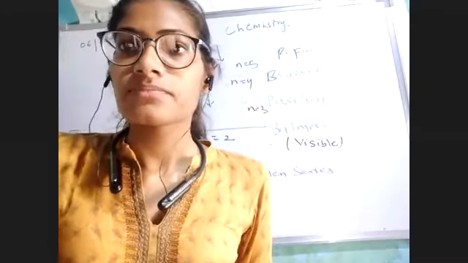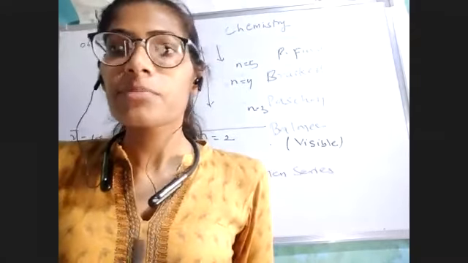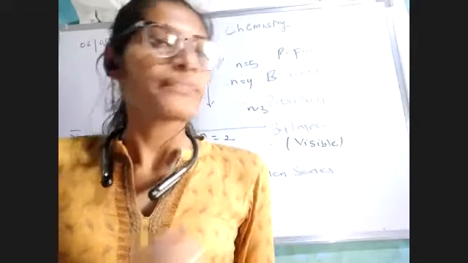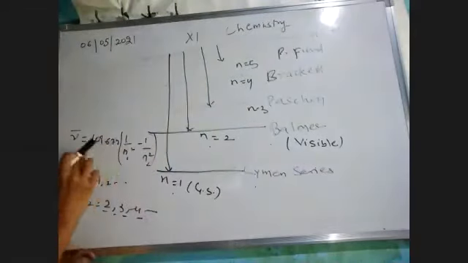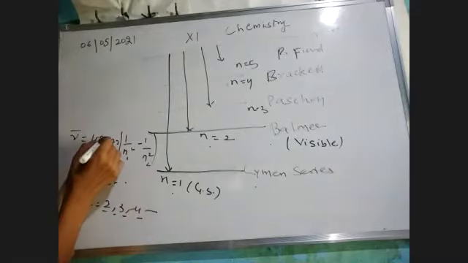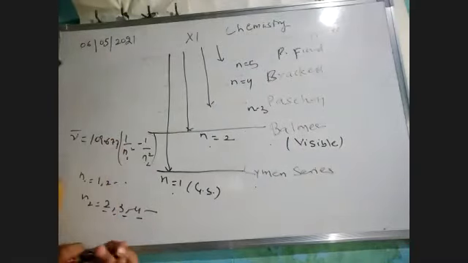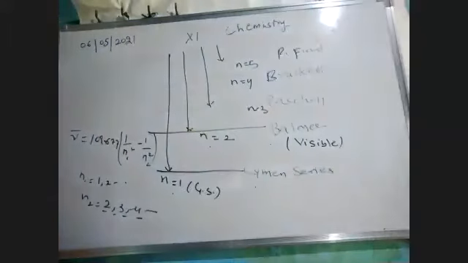So this was the concept which I wanted to deliver to you. Now let me explain a little bit how we come to know about this topic. This is nothing, just a Rydberg constant. We shouldn't remember much more about this.